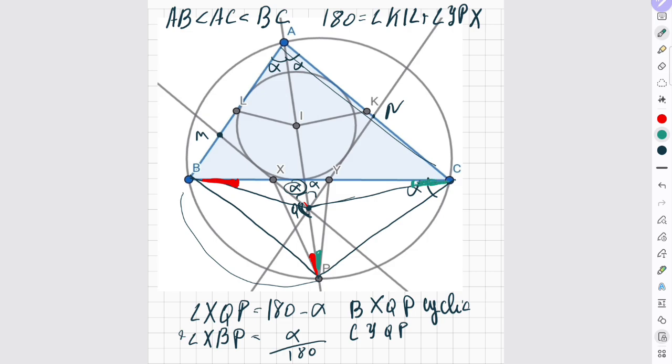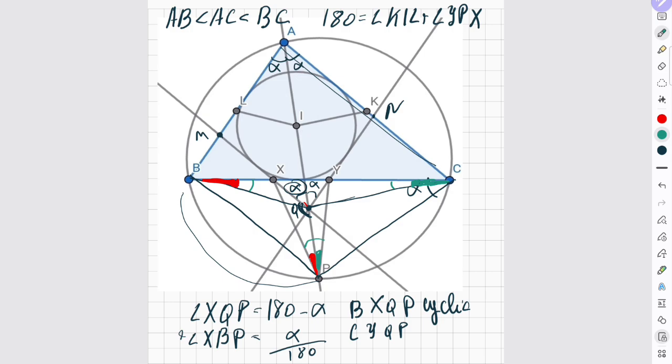So here, what we have done is we just transformed this angle to this triangle. That is why the only thing that we need to do is to show that the angle BQC is the same as the angle KIL.